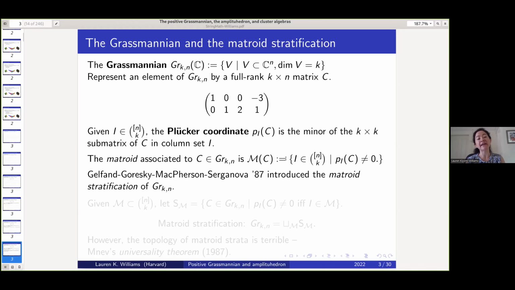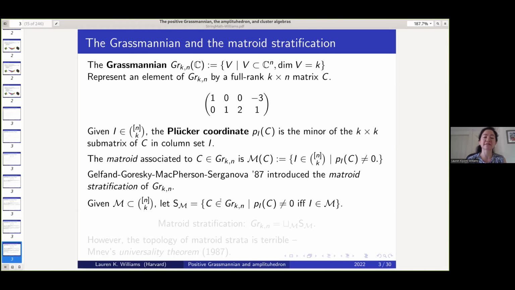Back in '87, Gelfand, Goresky, MacPherson, and Serganova studied what they called the matroid stratification of the Grassmannian. This is a way of decomposing the Grassmannian into strata. If we're given a collection M of k-element subsets of 1 through n, we let S_M be the set of elements in the Grassmannian where your Plücker coordinate P_I is non-zero if and only if I comes from our collection.